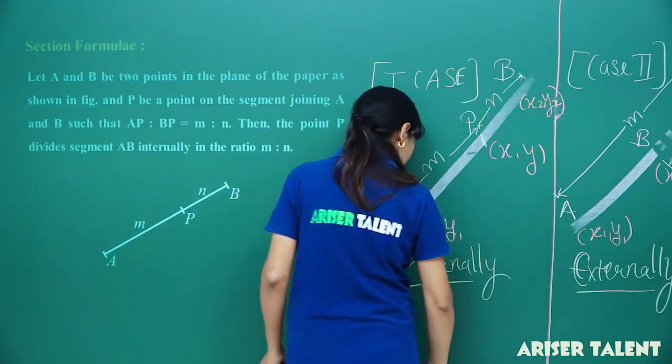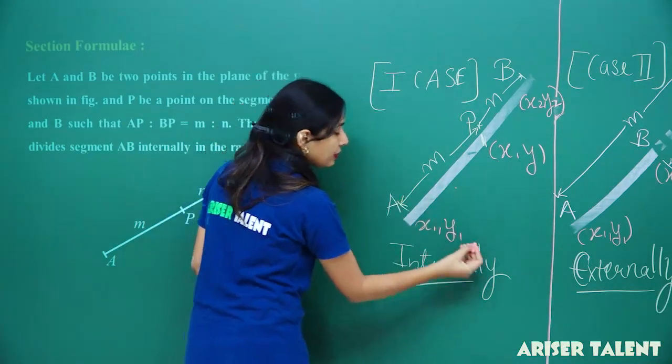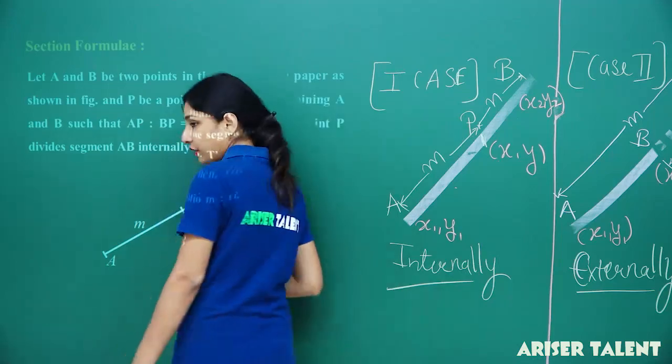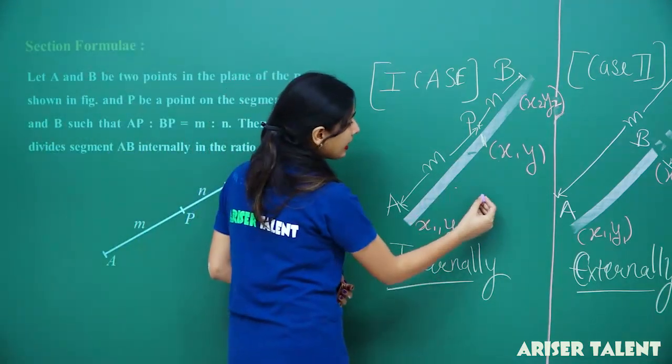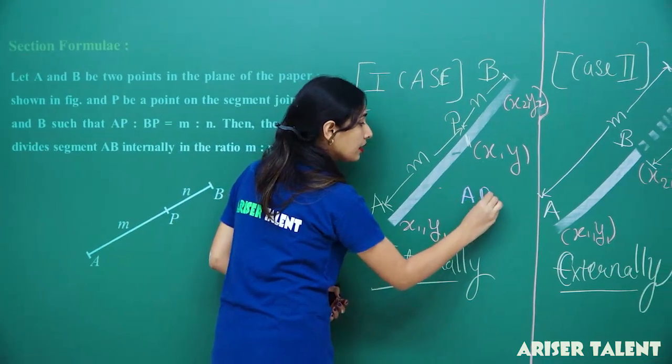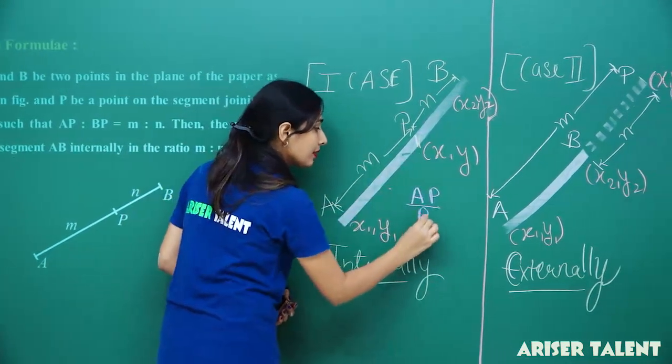So, here if I talk about this, it is like this: AP by PB.